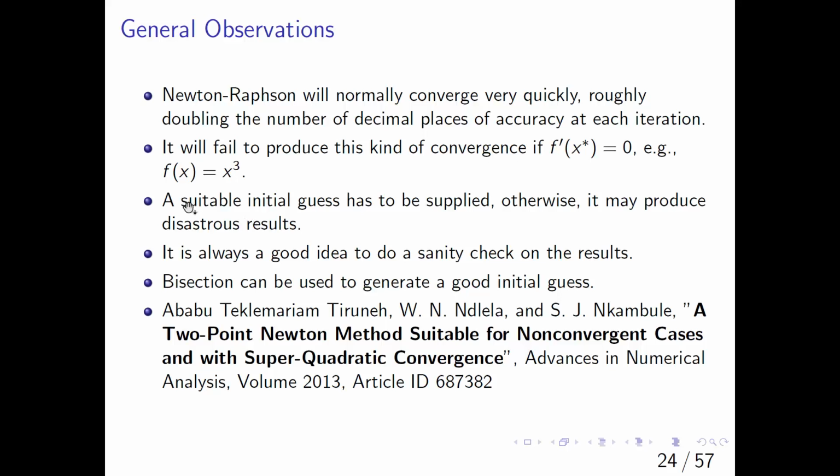And also, Newton method requires a suitable initial guess. Suitable here means the initial guess is close enough to the true solution.